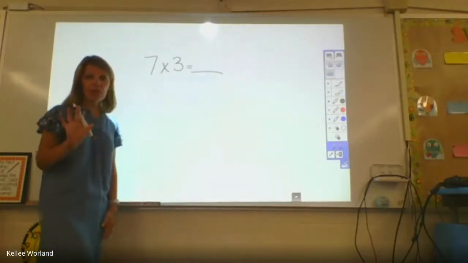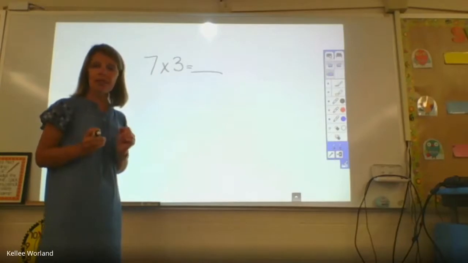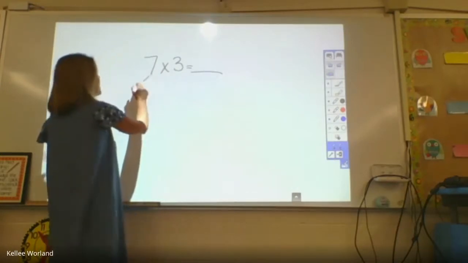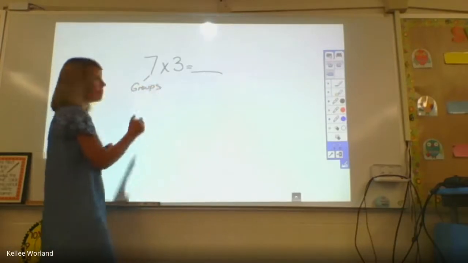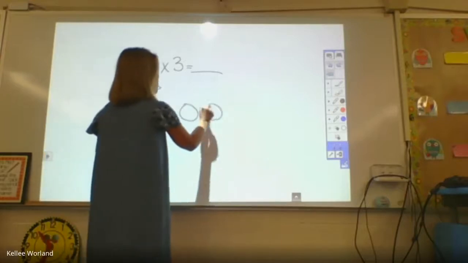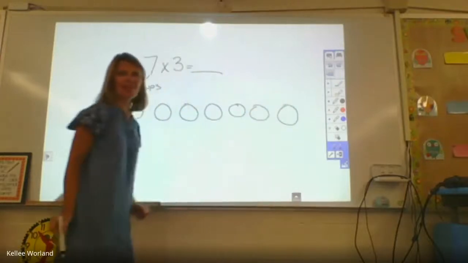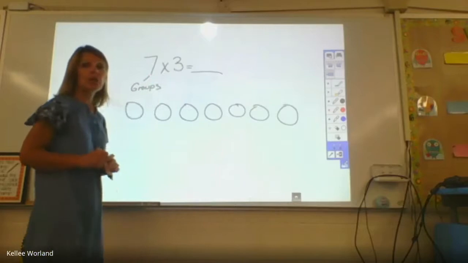All right, so let's review. 7. Do you remember what we do with the 7? You're right. That's how many groups I'm going to have. So I better get my 7 groups. 1, 2, 3, 4, 5, 6, 7. That's a lot of groups. Now, we multiply it by 3.